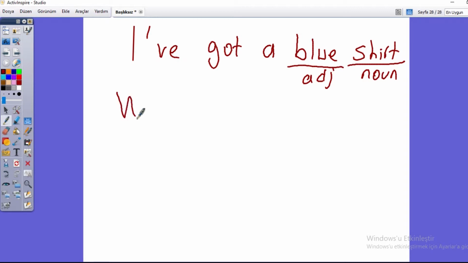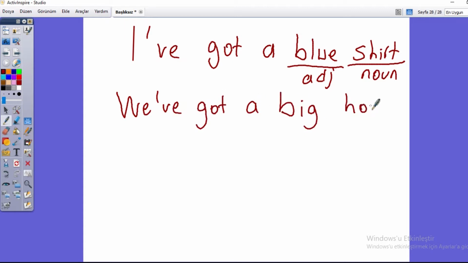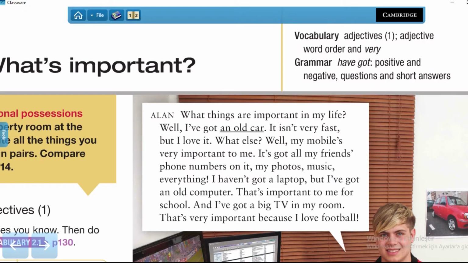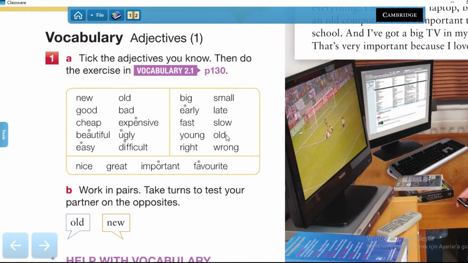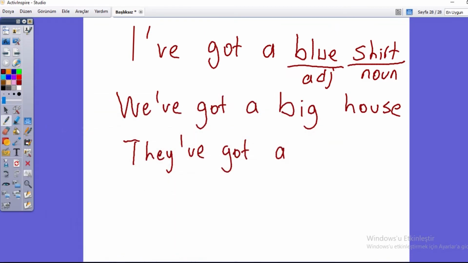Like, we've got a big house. Like, they've got a, we can use these adjectives here. They've got a cheap, for example, TV.